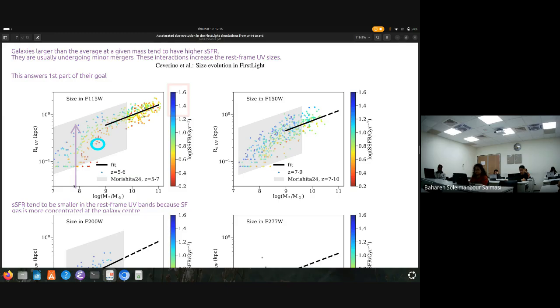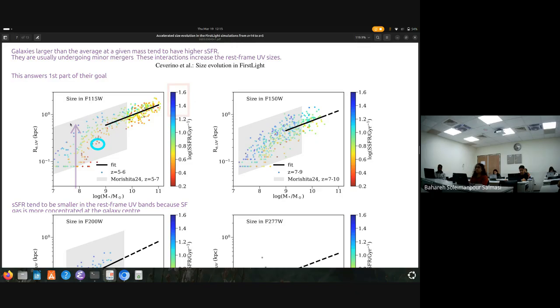So you can see, I've just marked this one at say some 8 solar mass. You can see that there are some compact galaxies, but there are also some extended galaxies compared to the average line we have here. So what they're saying is that this scatter is not actually random, because the galaxies which have size greater than the average size have higher star formation rate, specific star formation rate as well.